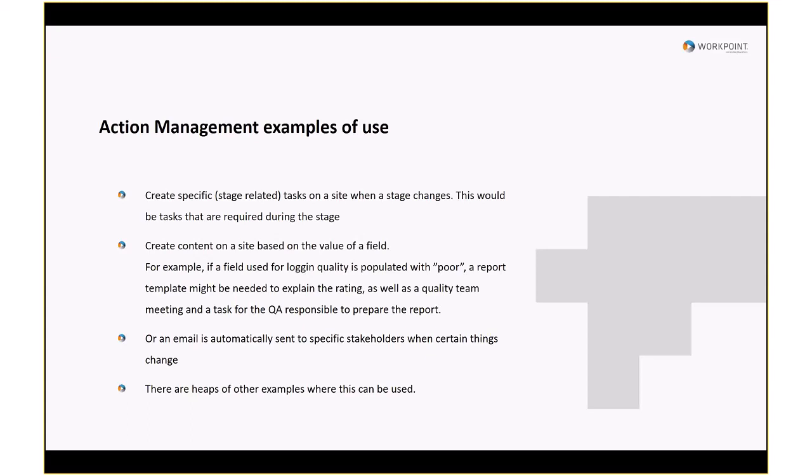The example where you are basing the event on a field: when you have the quality field populated with poor, a report template might be pushed to the site, and the quality team will be asked to fulfill this report.